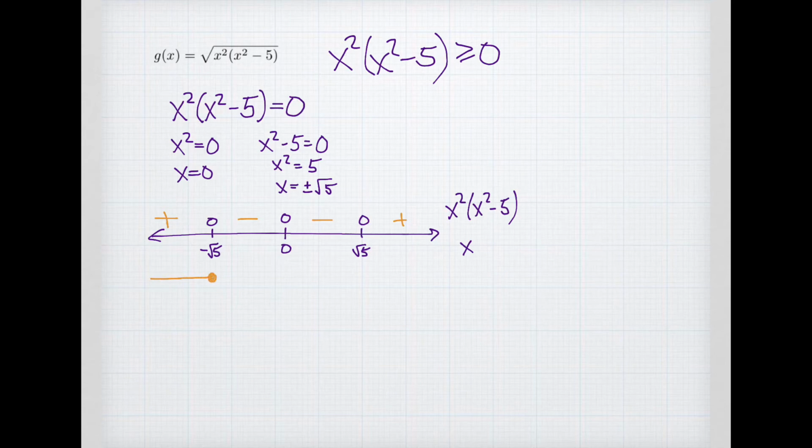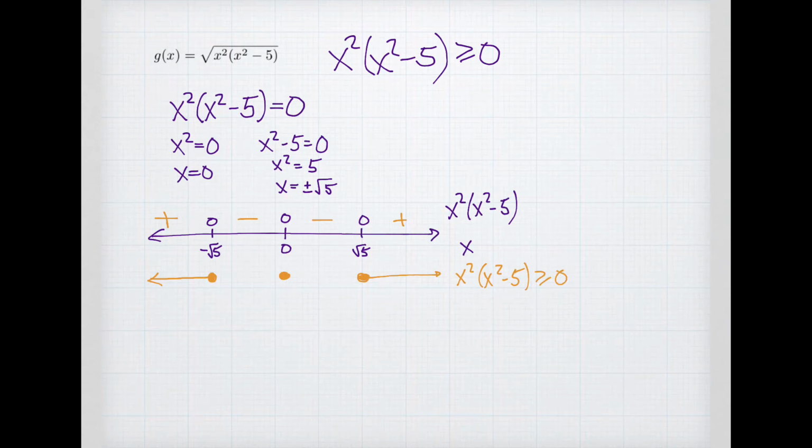So I'm going to fill in this point at negative root 5. Notice there's an isolated point at 0 all by itself, where it's 0, and at square root of 5, and all values to the right. And so this set is the domain where the input, x squared times x squared minus 5, is greater than or equal to 0.